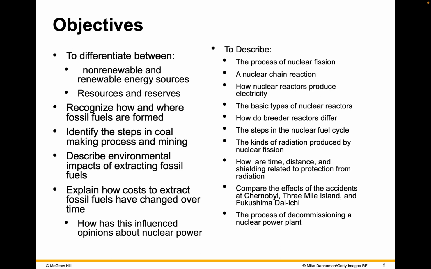You'll be able to describe the kinds of radiation produced by nuclear fission. You can describe how time, distance, and shielding relate to protection from radiation. And you'll compare the effects of the accidents at Chernobyl, Three Mile Island, and Fukushima Daiichi plant. You'll also be able to describe the process of decommissioning a nuclear power plant.